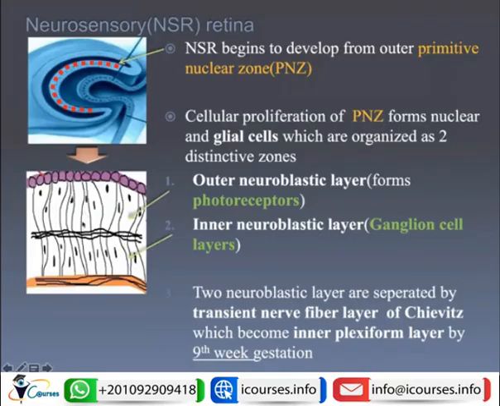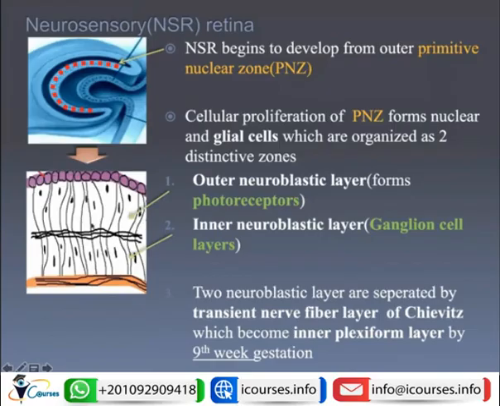Separating both the outer and the inner neuroplastic layers, there will be a transient nerve fiber layer that's called the transient nerve fiber layer of Chievitz. This transient nerve fiber layer of Chievitz will later on form the inner plexiform layer. So again, the primitive nuclear zone occupying the outer zone of the inner layer of the optic cup will later on differentiate into inner zone and outer zone.